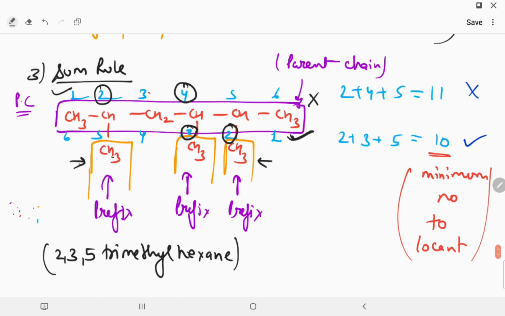In this case the sum comes out to 10, and on this side the sum comes out to 11. So this is correct, this is not, because we have to give the locant, prefix, or substituent, they are all the same, the minimum number. I hope this is very clear to you.